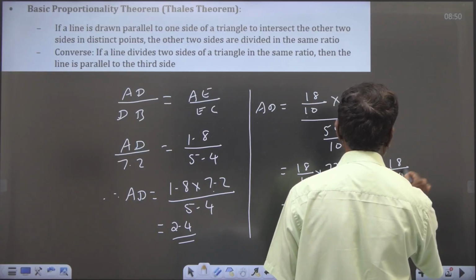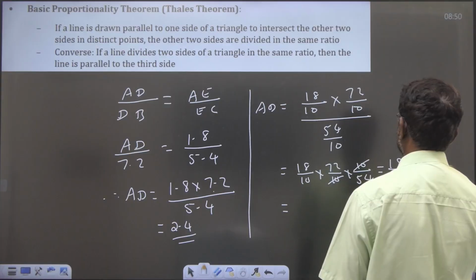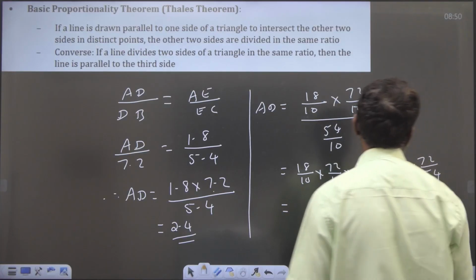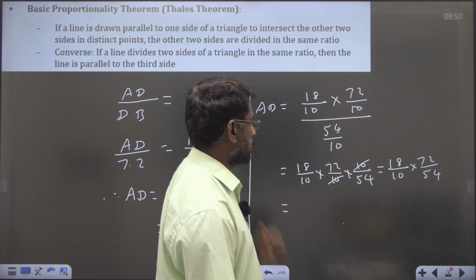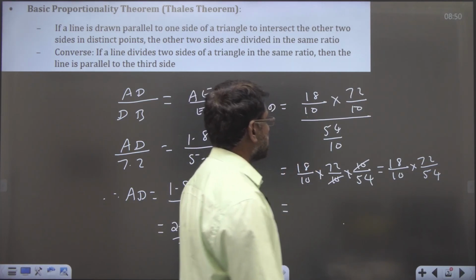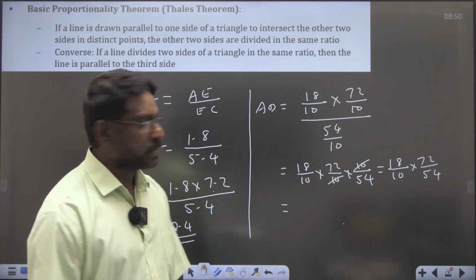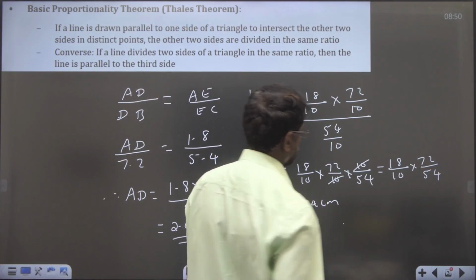By 10 into 72 by 54. Very simple question. You will get 24 by 10. That is 2.4, 2.4 centimeter.